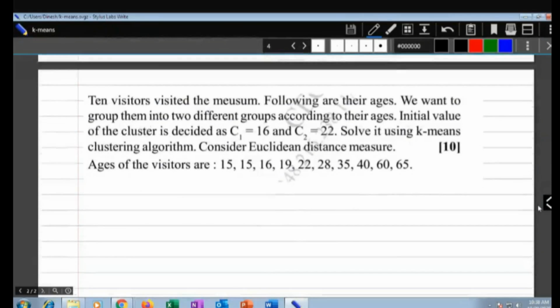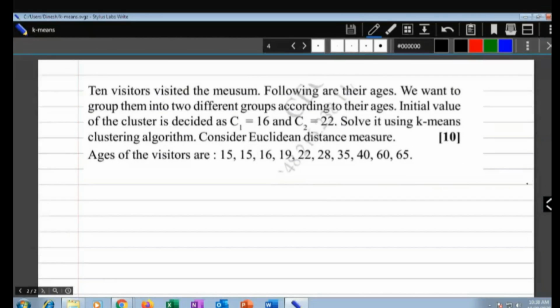Let's start with one example. This was asked in somewhere November, December, I think 2018. 10 visitors visited the museum. Following are their ages: 15, 15, 16, 19, 22, 28, 35, 40, 60, 65.